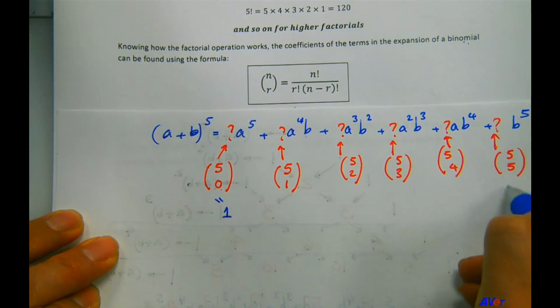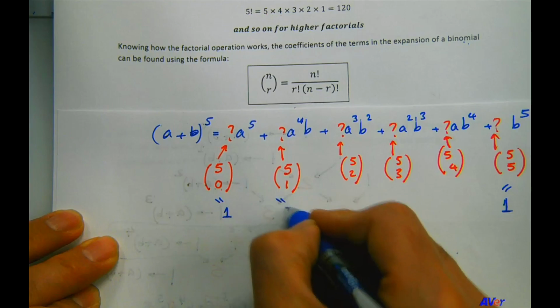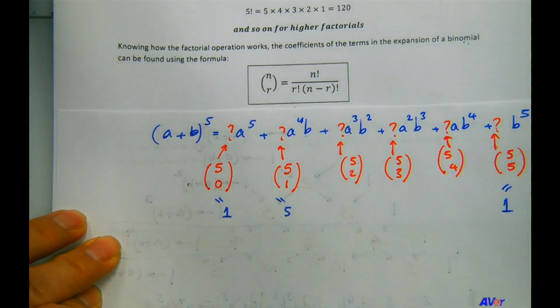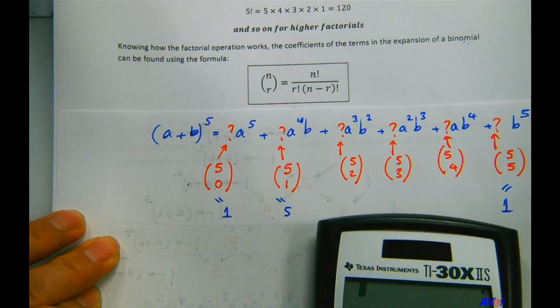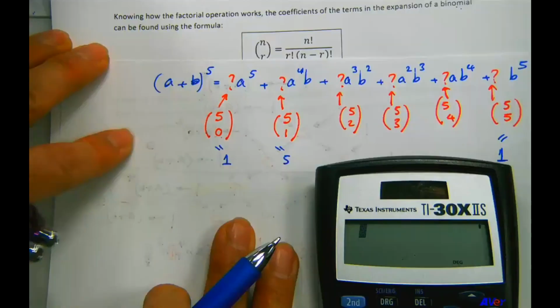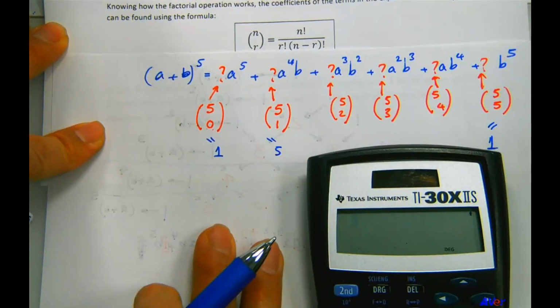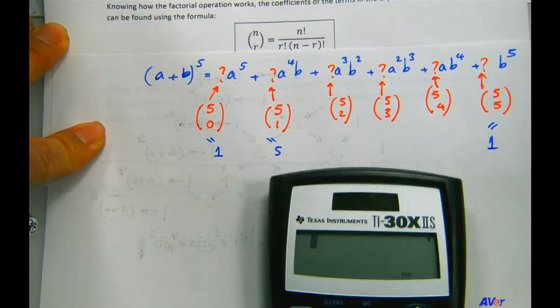What about 5 choose 1? That's 5. Okay, let's calculate these, because I don't know from memory, I can't calculate that. So let's do that.